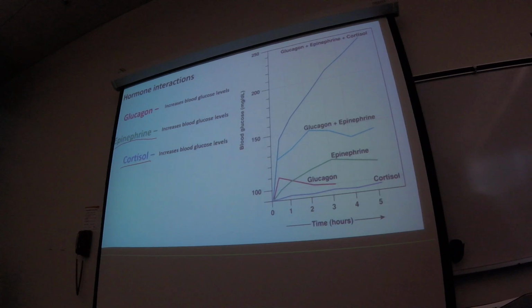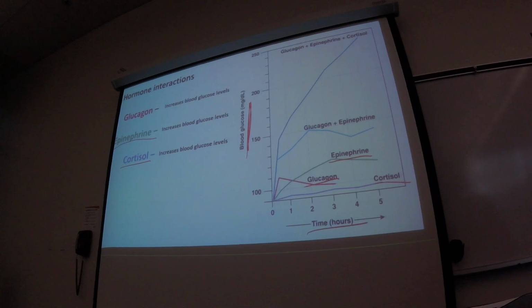Well, if you have 3 different hormones doing it, what happens when multiple of them are in the bloodstream at the same time? You can have synergistic effects, exactly. And this is what the graph on the right-hand side is showing. These lines show the effect on blood glucose levels over time.